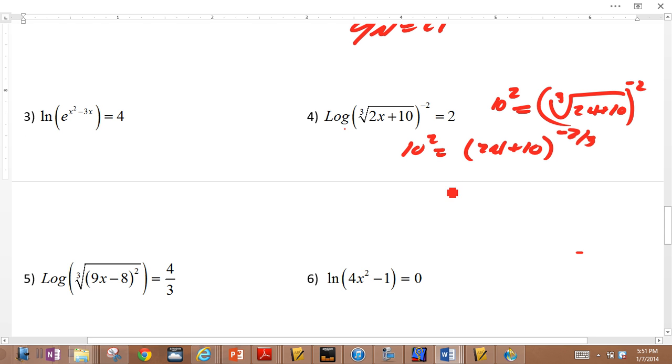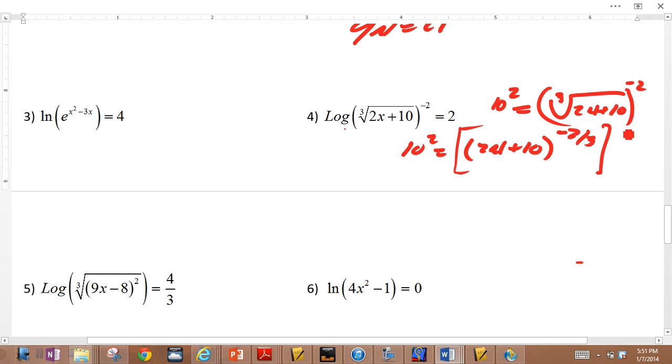It's just an equation. If you don't like this, you can raise both sides to the 3/2 power. Then, of course, we multiply exponents inside and out. That gives us 2x plus 10 to the negative first power.